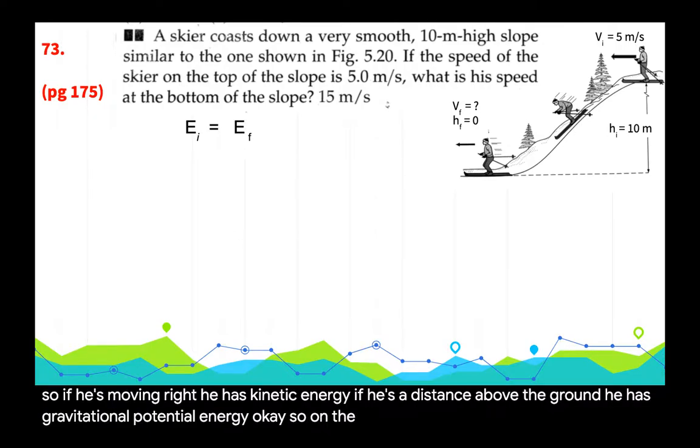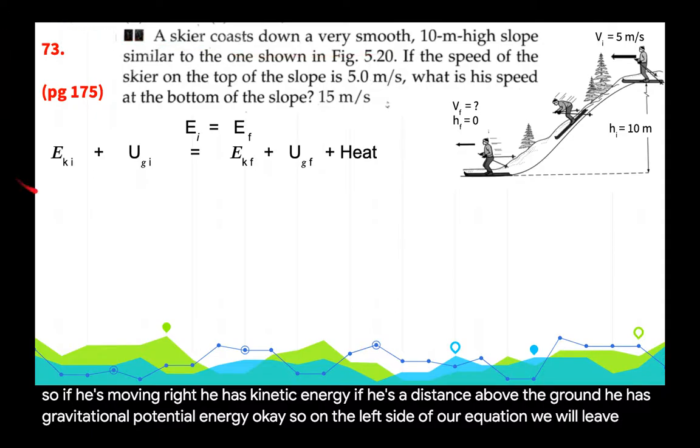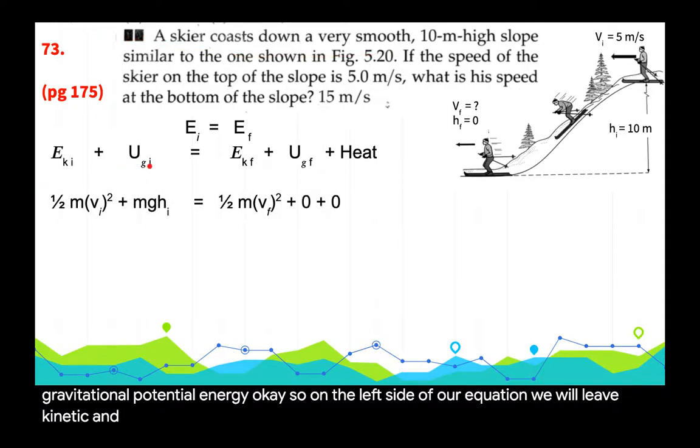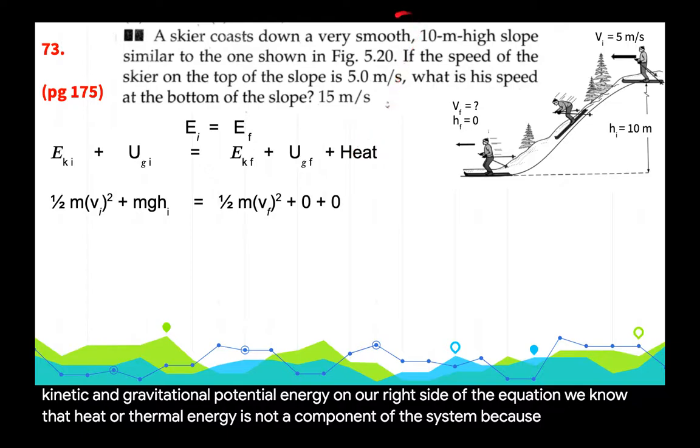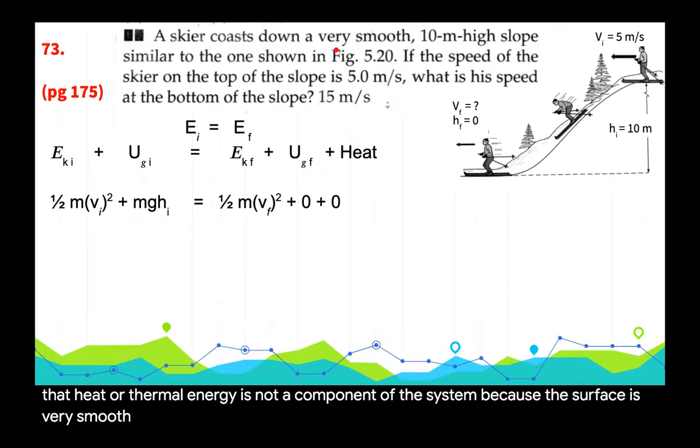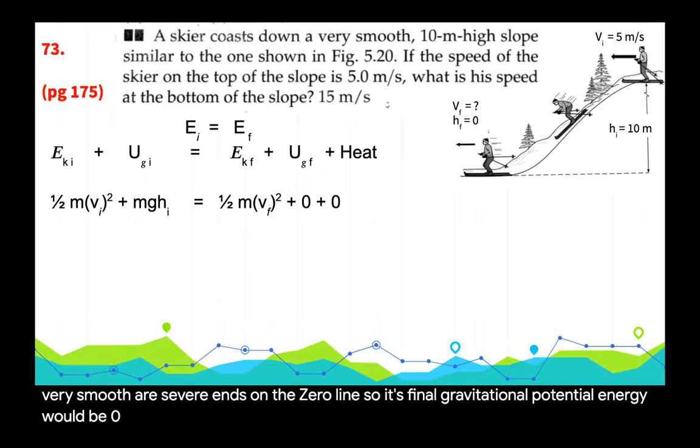So on the left side of our equation, we will have kinetic and gravitational potential energy. On the right side of the equation, we know that heat, or thermal energy, is not a component of the system because the surface is very smooth. Our skier ends on the 0 line, so the final gravitational potential energy would be 0.